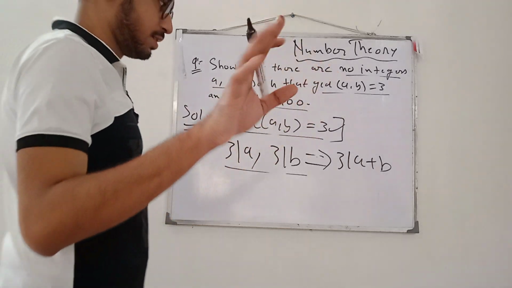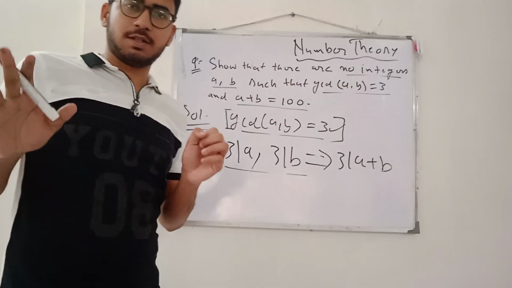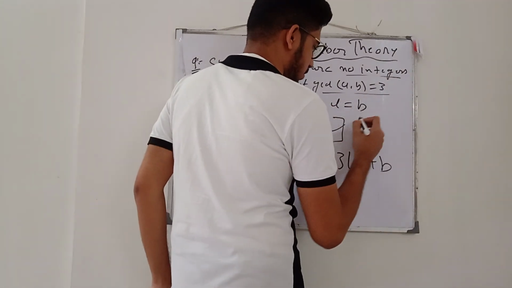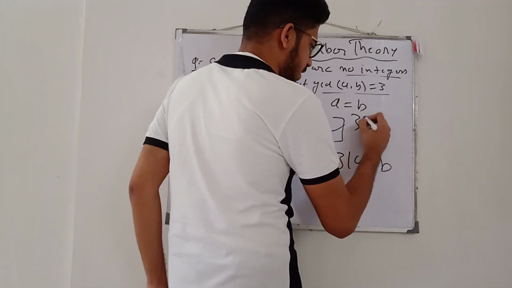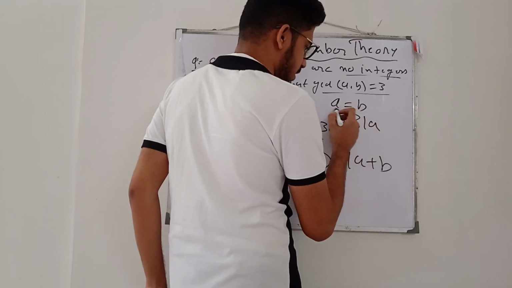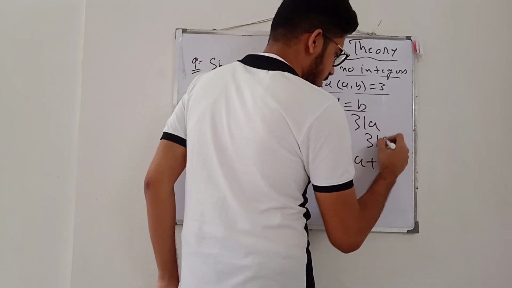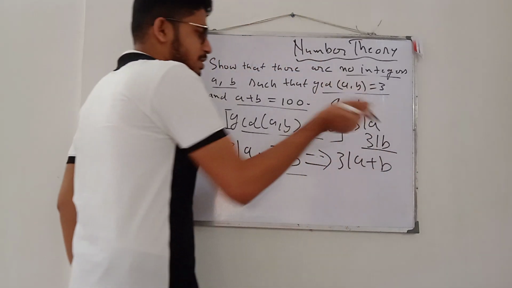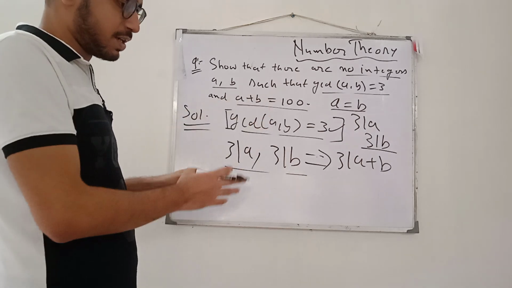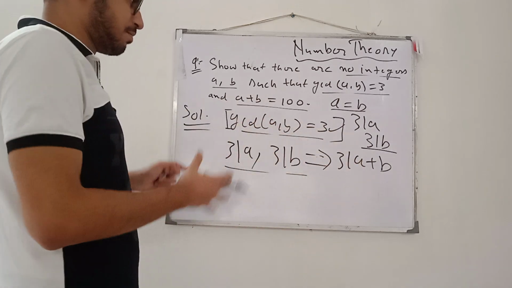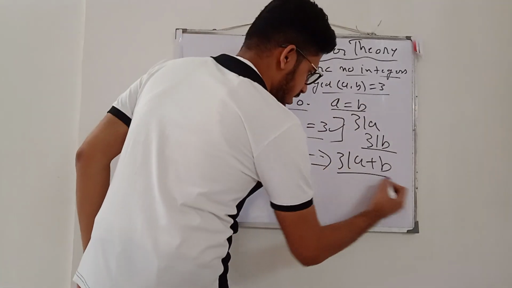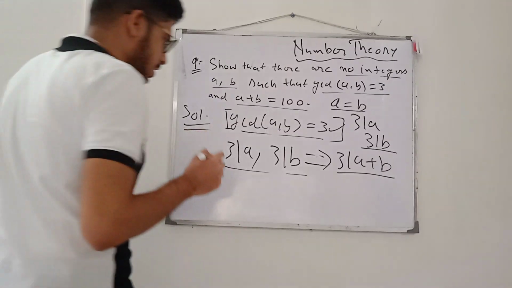This is the kind of relation, like matching one pattern to another pattern. So here 3 divides a and 3 divides b, so 3 divides a plus b. I hope you understood.